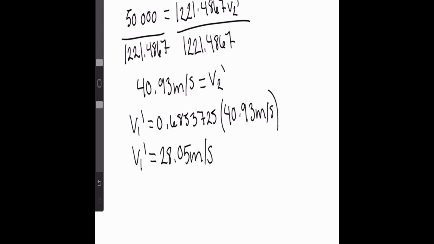So v1 prime is 28.05 meters per second, and v2 prime is 40.93 meters per second. So that is what each of these values is.